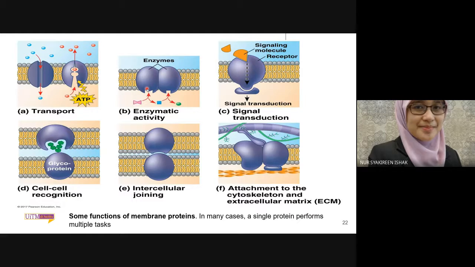Okay, so the third protein is here, which is a protein that has a specific binding site that binds to a specific signaling molecule. So this signaling molecule can be hormones, hormones that are made up of protein. There is another group of hormones whose component is from cholesterol, such as sex hormones: estrogen, progesterone, testosterone.